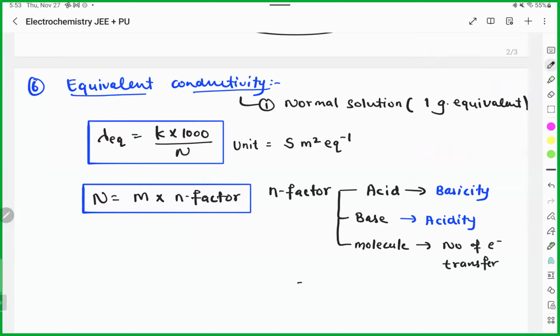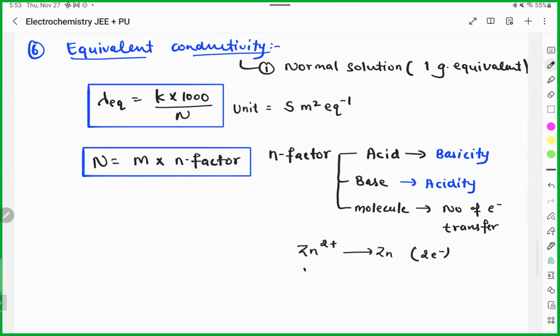Example, if you take zinc, here you don't have any acid or base, but you know zinc can convert into zinc 2 positive ion. So how many electrons are transferred? 2. If you have H2SO4, it's easy to understand because it can produce 2 H positive ions and sulfate 2 negative ion, so basicity will be 2. If you have AlCl3, aluminium is present in the form of aluminium 3 positive, so the n value will be 3.